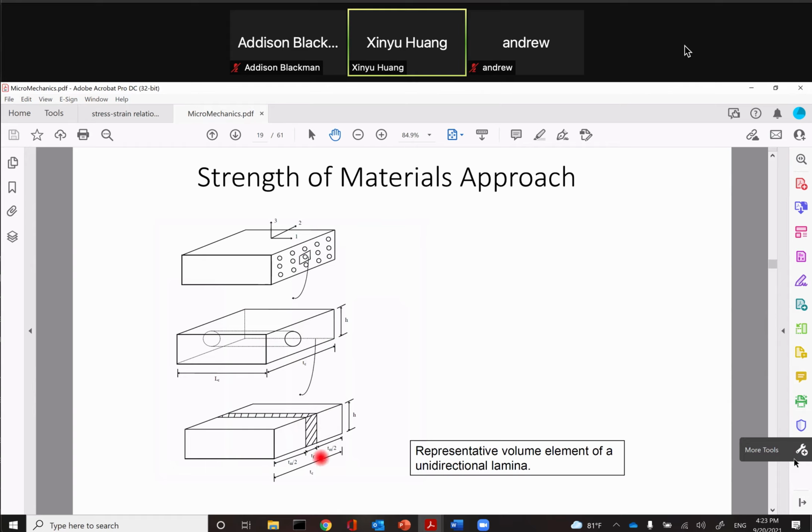This step is a simplification assumption. You just boldly assume they're similar, and by doing this, you can analyze more easily. You can apply your basic solid mechanics model to predict, if you pull a tensile stress in this direction, what is the response. This one is harder to do.